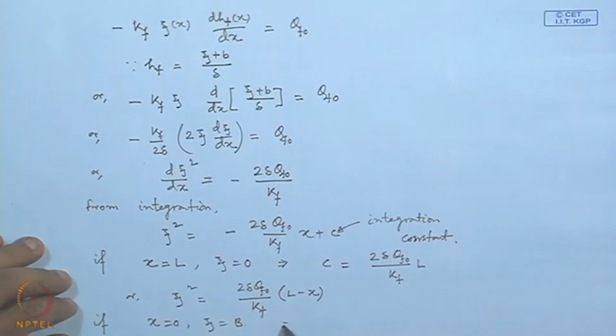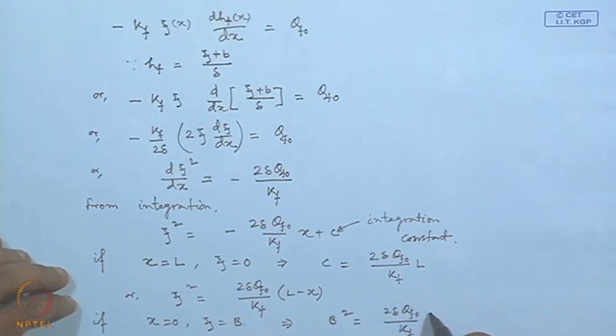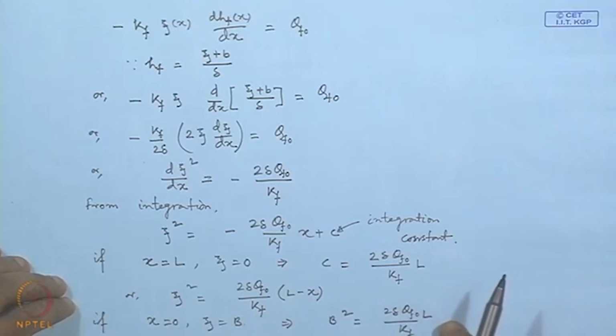So, this implies that we can write it as b square equals 2 delta q f naught by k f into L, because x equals to 0.